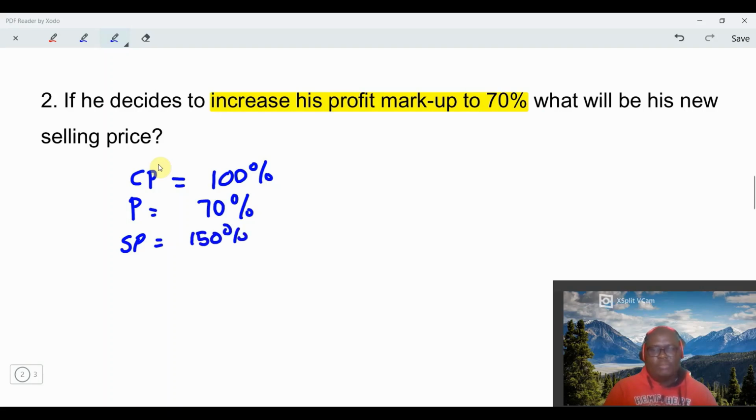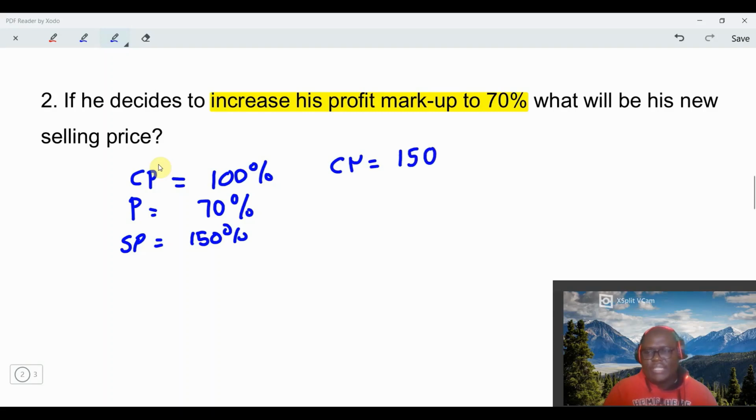Selling price is cost price plus markup, which will give us the final selling price, right? And then from there, remember your cost price is what you have. The cost price is 150. The cost price has not changed.